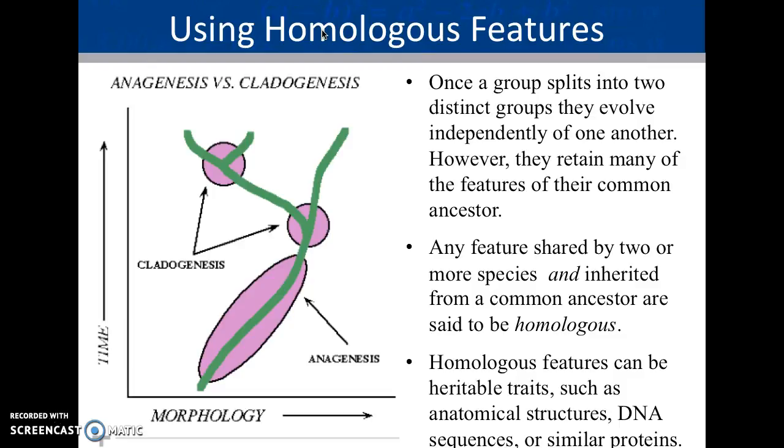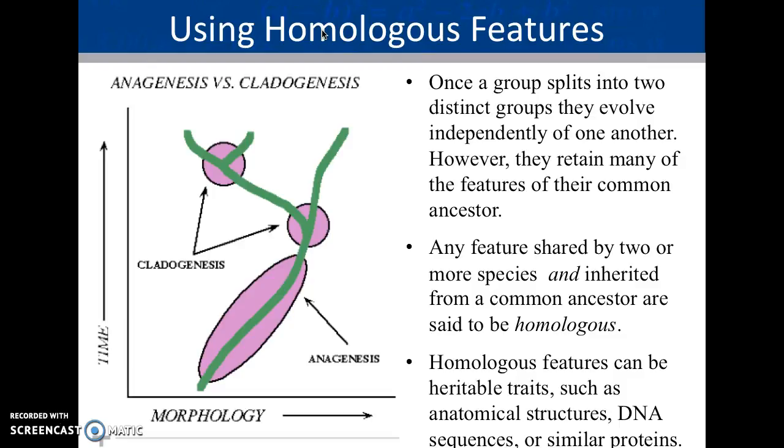When we talk about homologous features, we're talking about features that are very similar based on having a common ancestor. We look at anagenesis and cladogenesis, and we determine which one happened by using those homologous features. Any feature shared by two or more species and inherited from a common ancestor is said to be homologous. Homologous features are heritable traits, which means they have to come from their DNA.